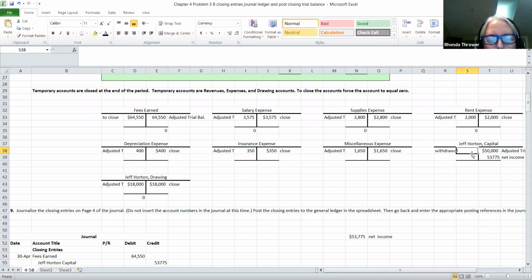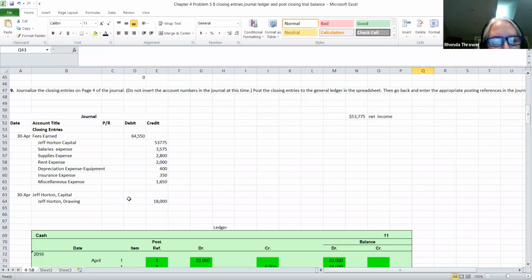So in the capital account, I'm going to debit it for the amount that I closed out my drawing, which was 18,000. So my capital account has to be reduced by debiting it for 18,000. And this is how you would create your closing entry for your drawing. You reduce your drawing account to zero, and then your capital account is also reduced.